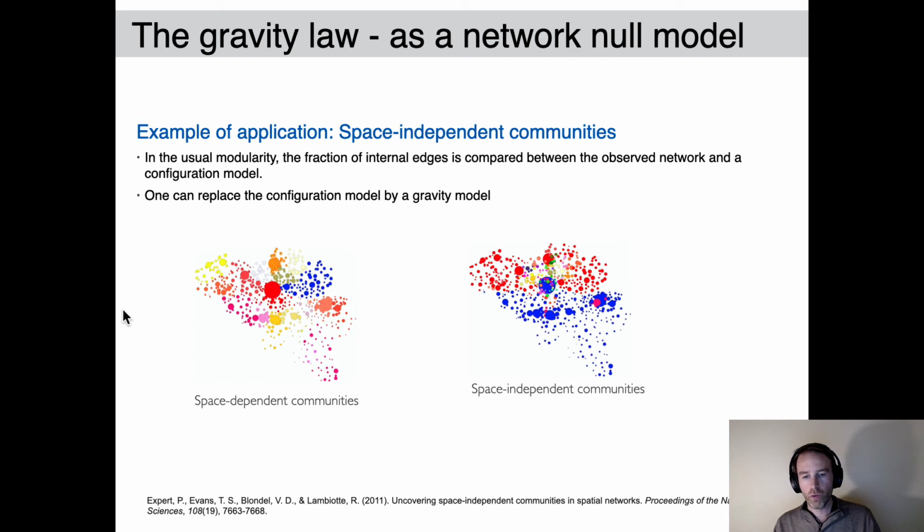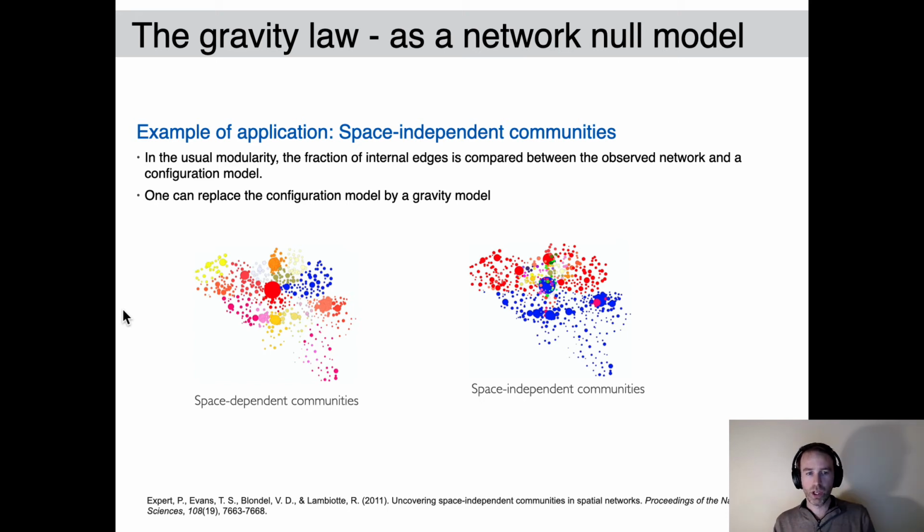communities. If you remember the modularity that we have seen before, which is used for the detection of communities. When we want to detect communities, we use modularity maximization. So we want to find the group of nodes with the highest modularity score.